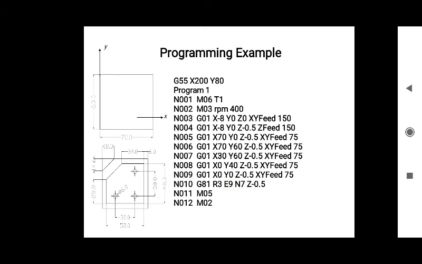That means repeat 7 times blocks from N003 to N009, with incremental offset Z equal to 0.5. This is the milling operation we have performed over here.